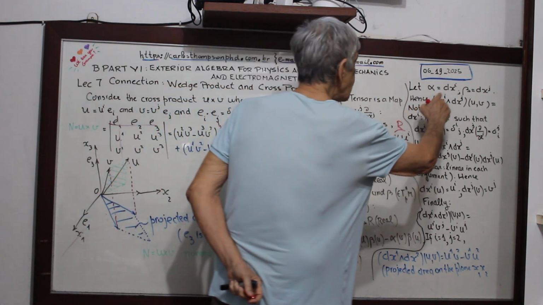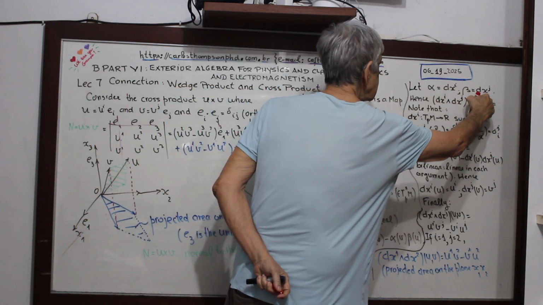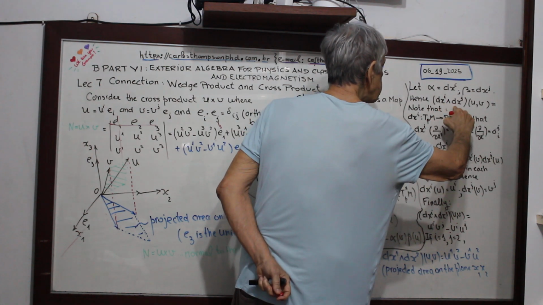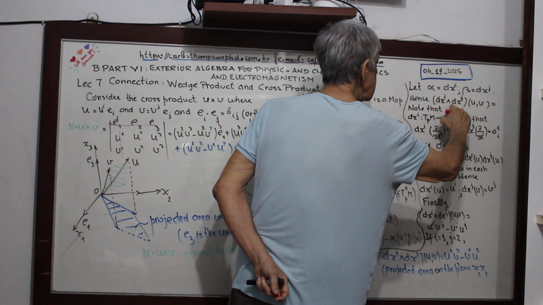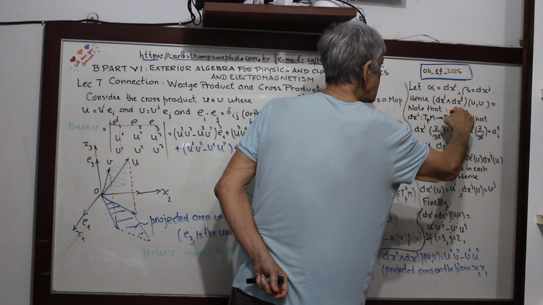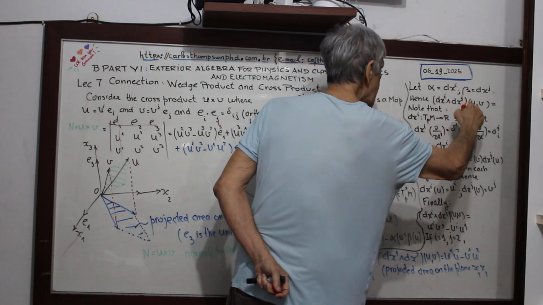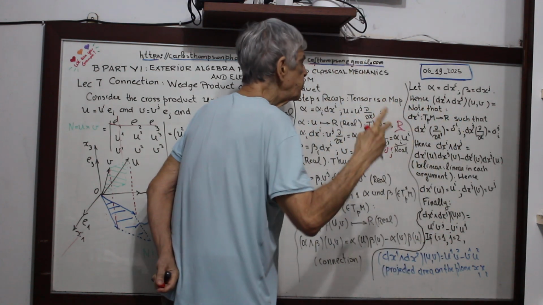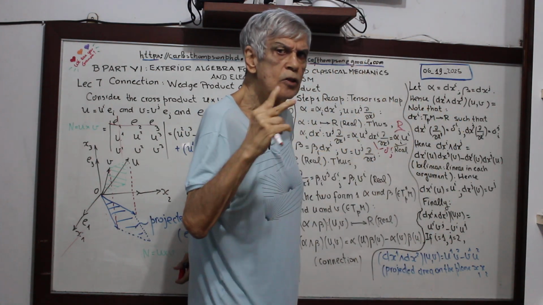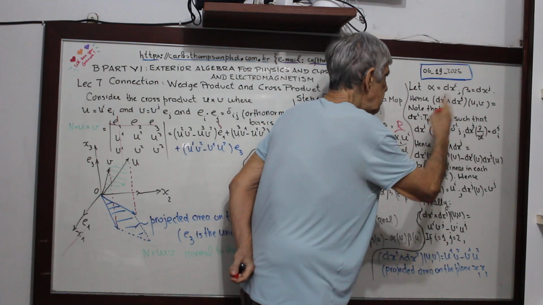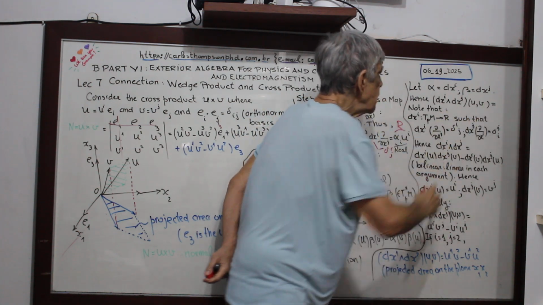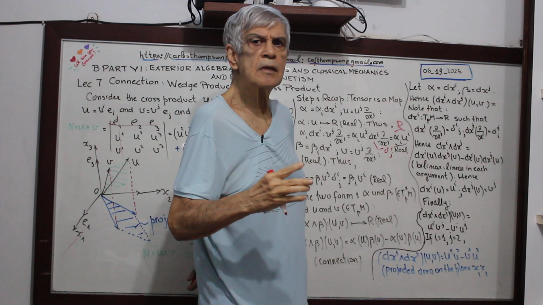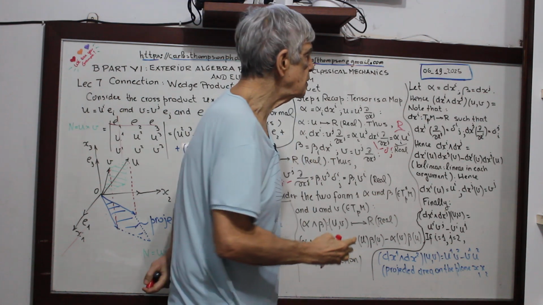Now, alpha is dx^i and beta is dx^j. So the wedge product dx^i wedge dx^j is applied to U, V. This is a 2-form that belongs to the cotangent space, and U, V are vectors that belong to the tangent space.